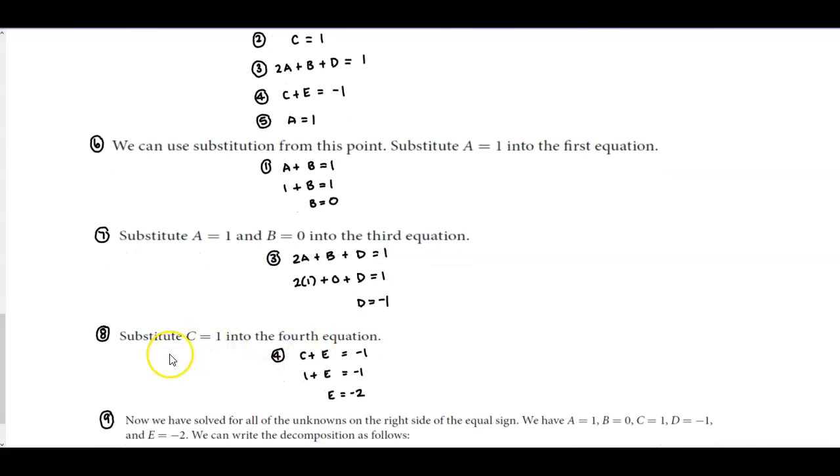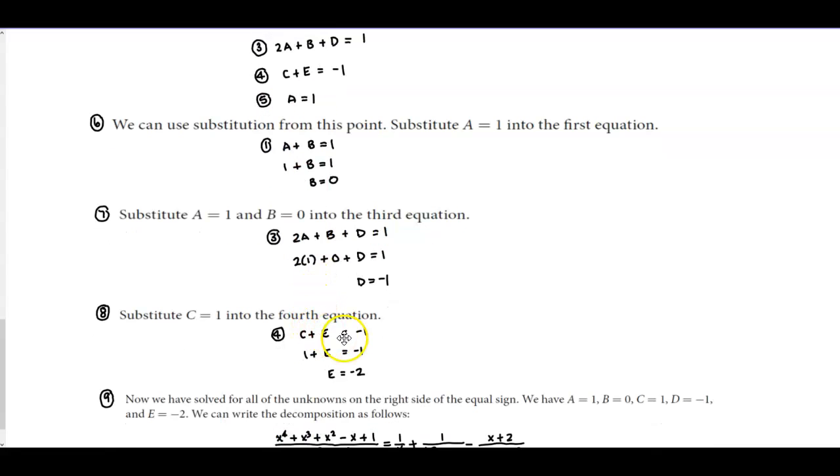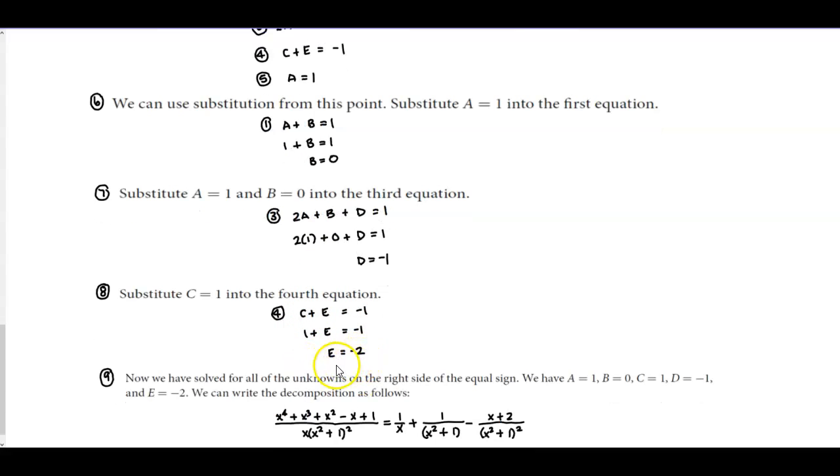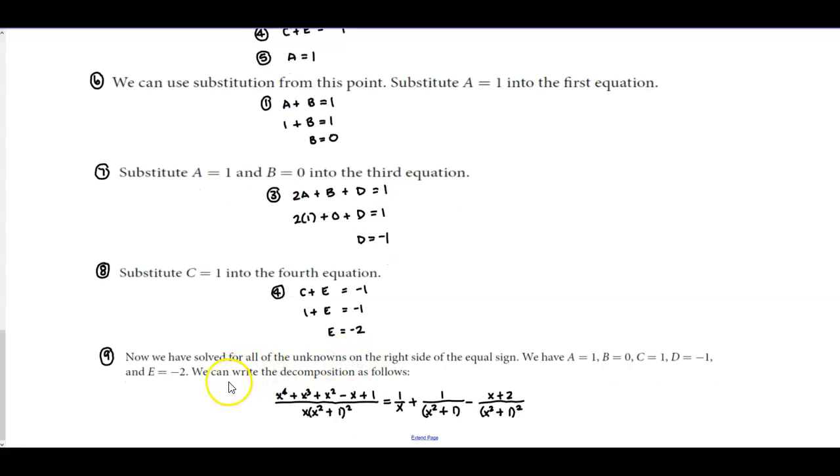And then we're going to substitute c, which is equal to 1, into the fourth equation, which is c plus e is equal to negative 1. Substituting c to be 1 and then subtracting 1 from both sides, we now know that e is going to equal negative 2. And now that we have solved for all of the unknowns, we have a is equal to 1, b is equal to 0, c is equal to 1, d is equal to negative 1, and e is equal to negative 2, then we can write the decomposition as follows.